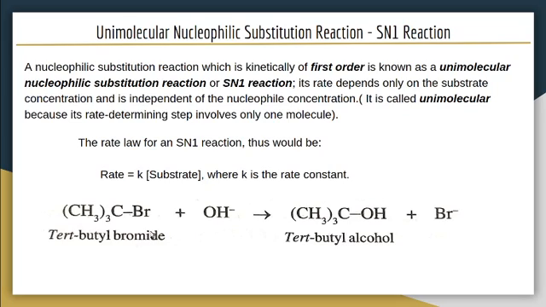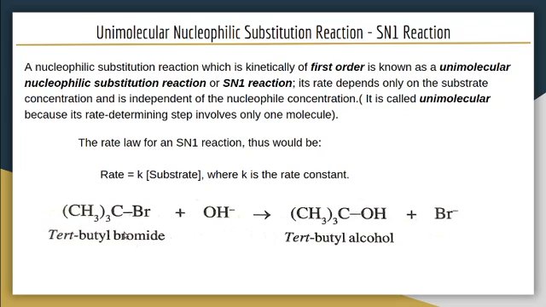So consider the reaction between tertiary butyl bromide and hydroxide ion. Tertiary butyl bromide is the substrate, and OH minus is the nucleophile. The rate determining step means the slowest step in the mechanism.